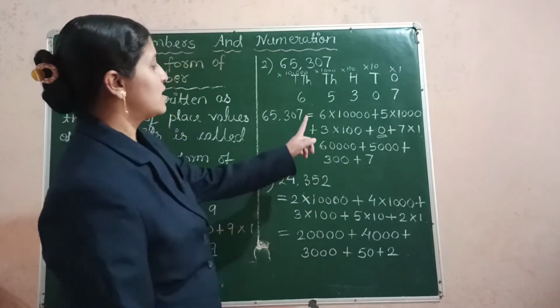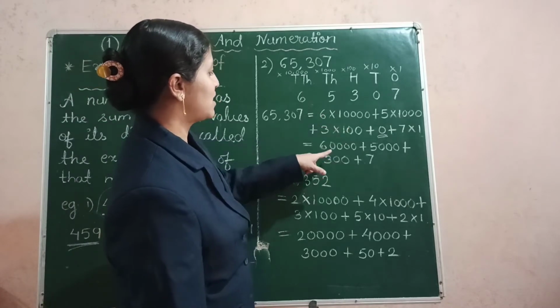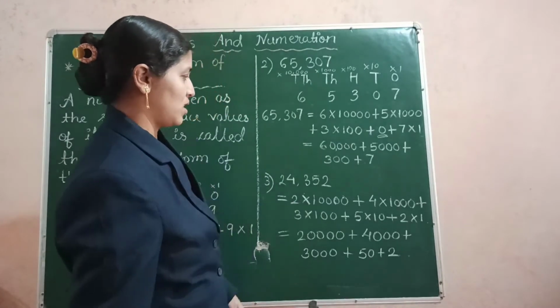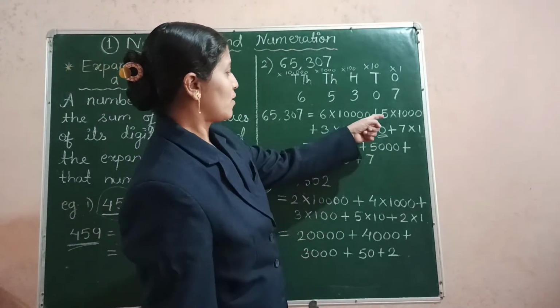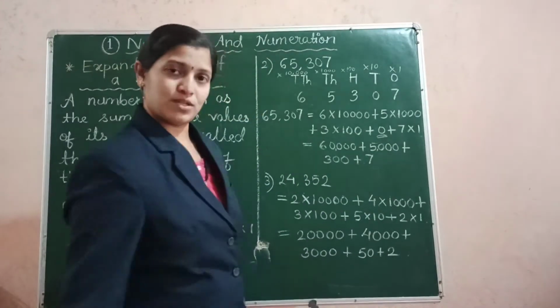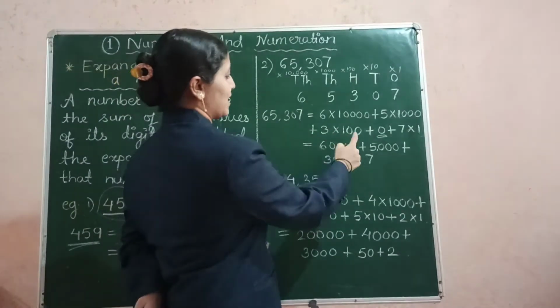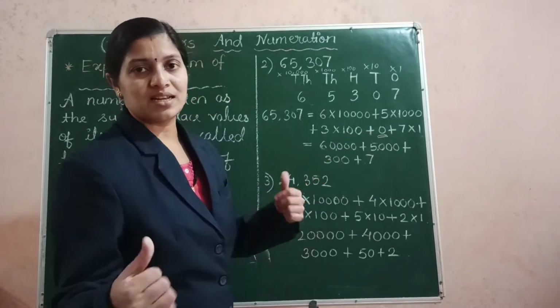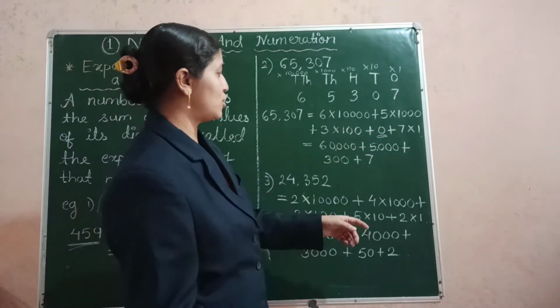Then we will find out the next step. The next step is 6 into 10,000 is 60,000. Next is 5 into 1,000 is 5,000. Okay. 3 into 100 is 300. Plus 0. 0 is no value, so I have not written the 0.